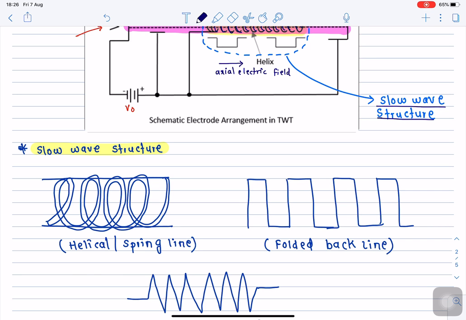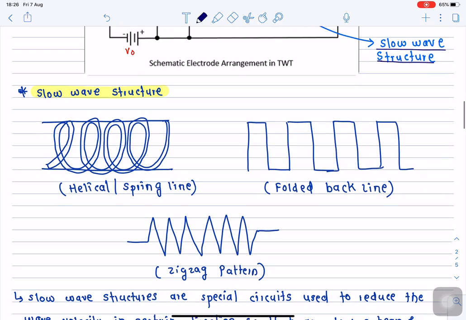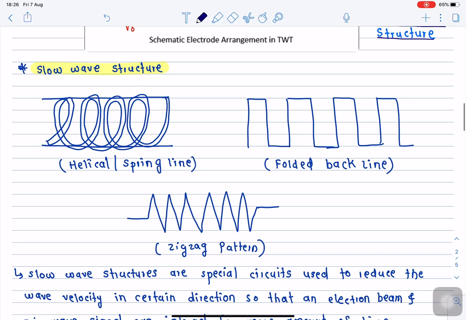Some of the slow wave structure geometrical possibilities are shown over here. This slow wave structure is essentially a coil-like structure. The first example is a helical spring-like structure, where we can take a wire and wind it to form a coil-like or spring-like structure.